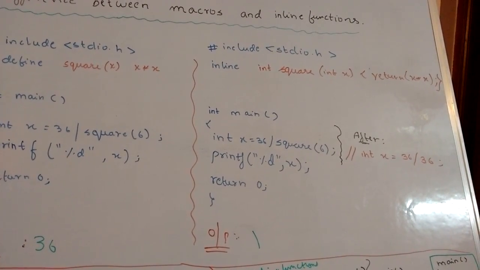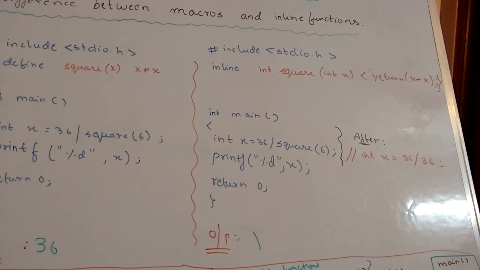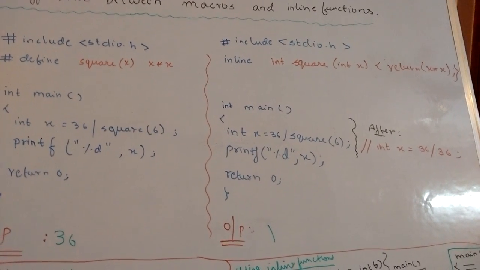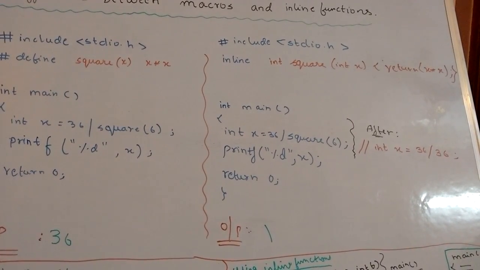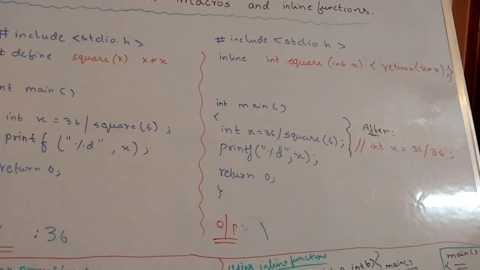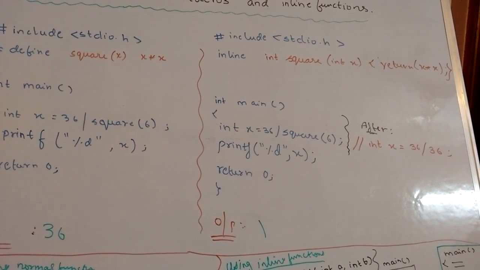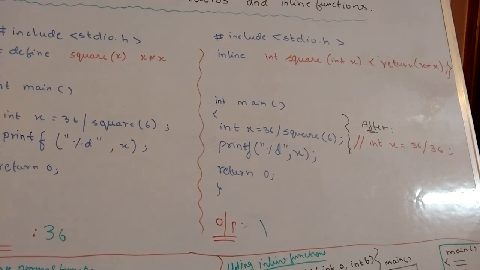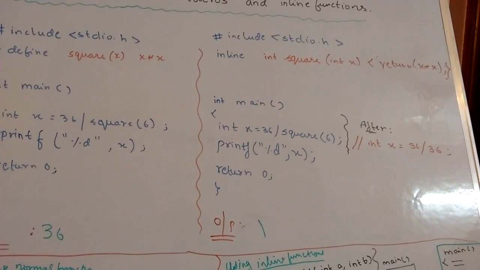But after compilation, this is what would happen. Macros just replace whatever should be copied and pasted. In other words, square of x would be replaced with x star x. But in the case of inline functions, x star x is calculated and that value is replaced.